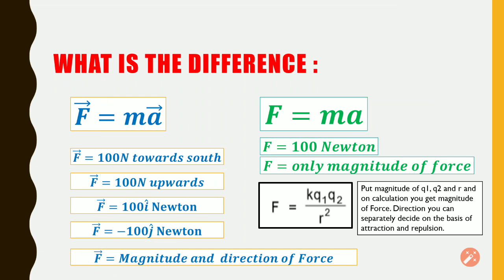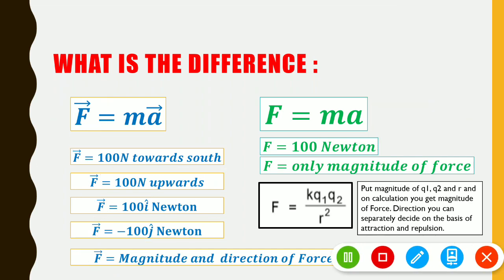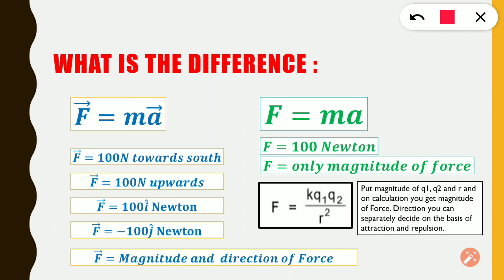One point I want to discuss here for Coulomb's law: suppose there is a numerical question in which it is asked, calculate the force between the two charges. Listen carefully. Calculate the force between the two charges. When only force is mentioned, it means the question demands both magnitude and direction.